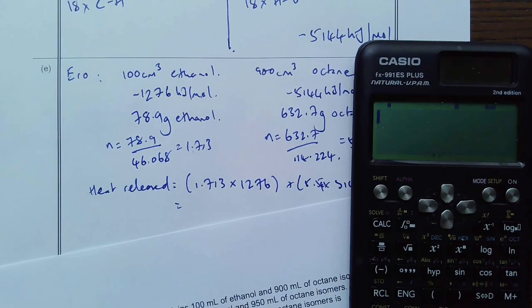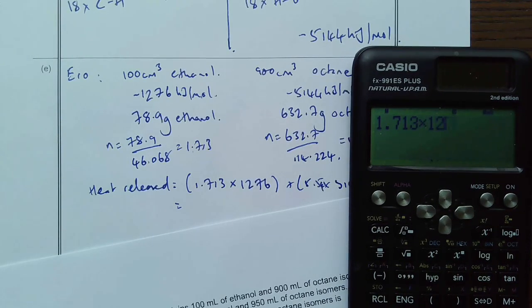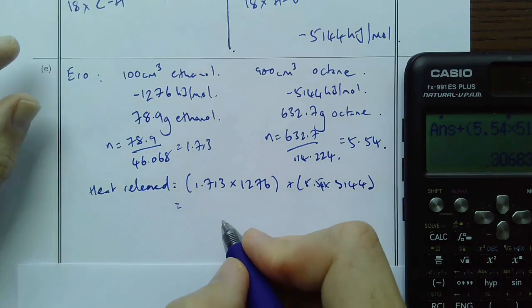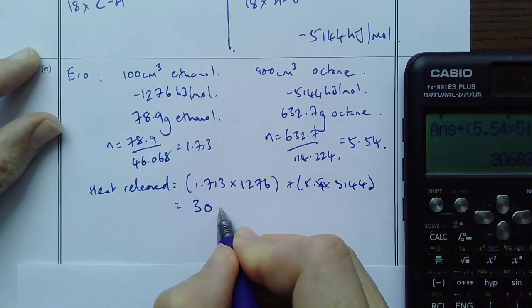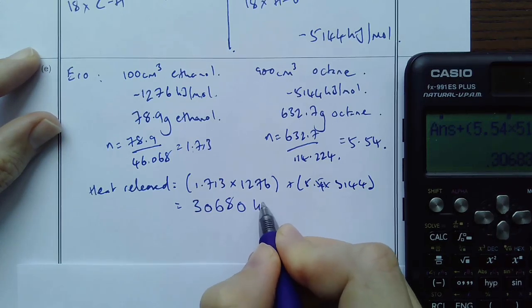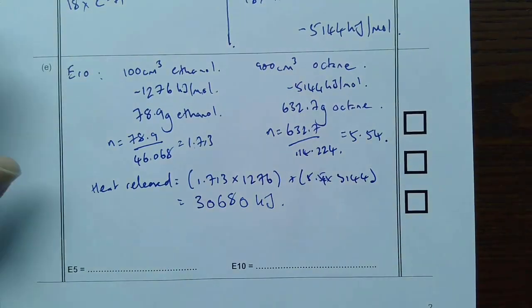So it is 1.713 multiplied by 1276 plus 5.54 times 5144, which gives me 30680. Let's do 4 significant figures. Kilojoules. Does that seem like a sensible number? I mean, it is a litre of fuel, so I would expect quite a lot of energy to come out of it. All right. So then I can go ahead and put that in there.